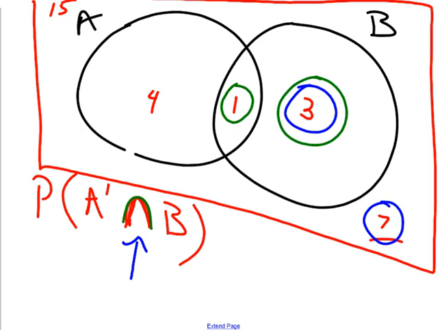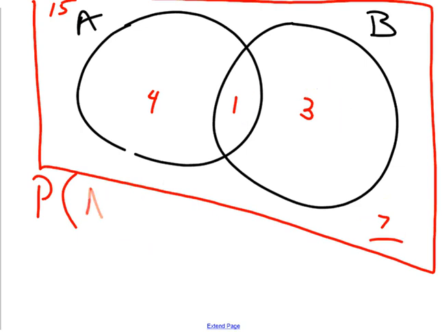Now you can ask me questions. Yes? Well, hold on. Let's just clarify. This means A and this didn't say A and B. This said not A and B. There's a big difference between not A and B. Let's see what the question would have been if it had just been A and B. It would be totally different than this.